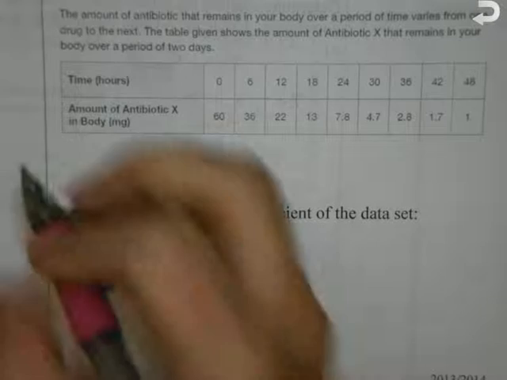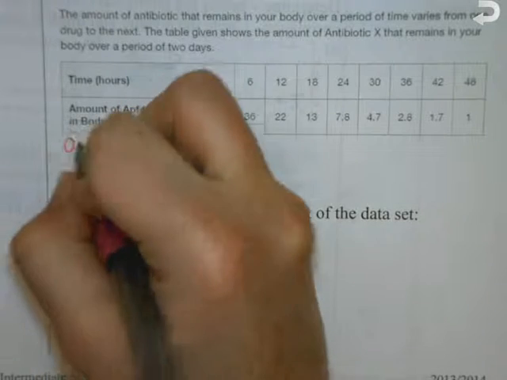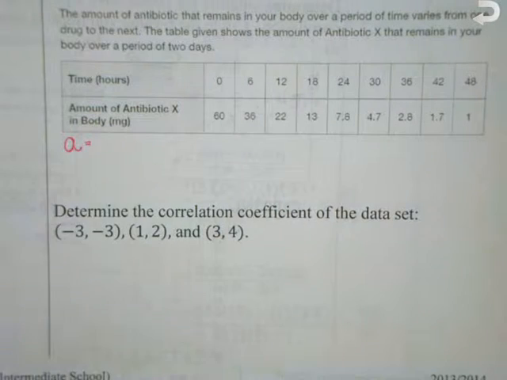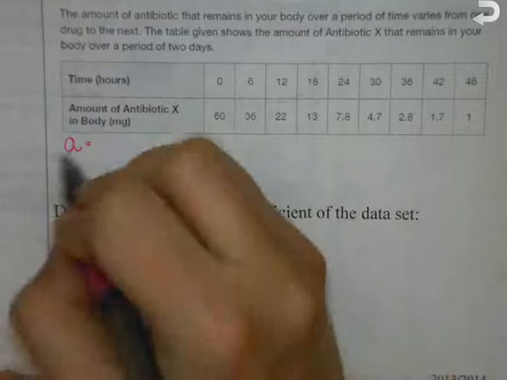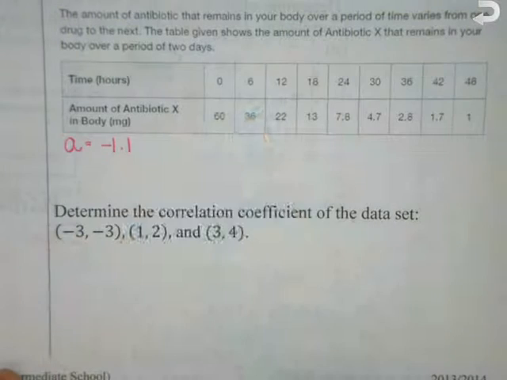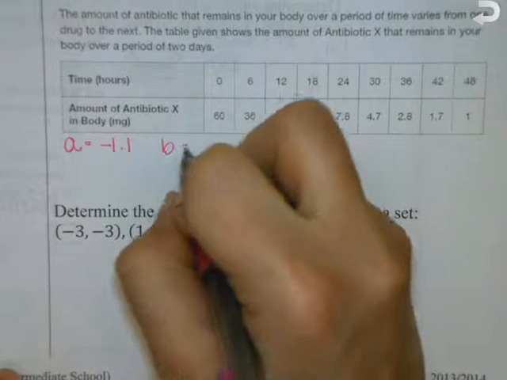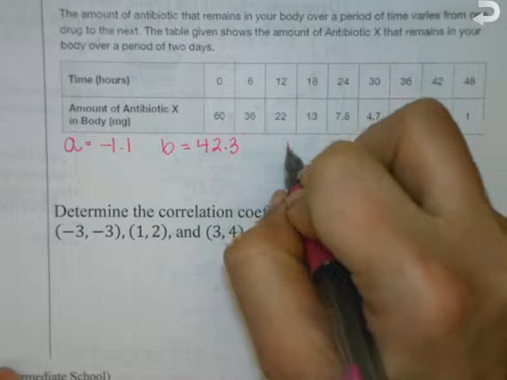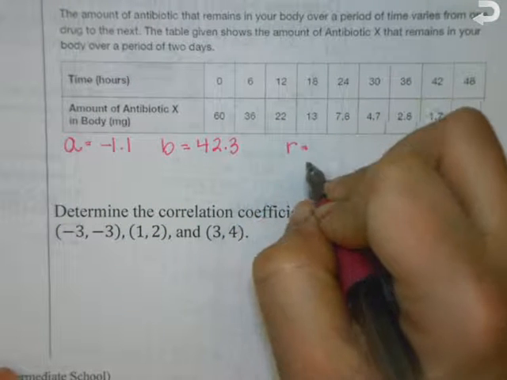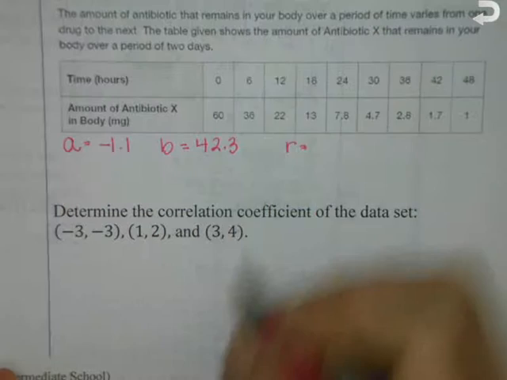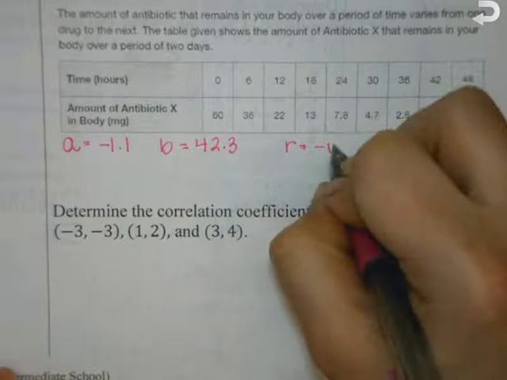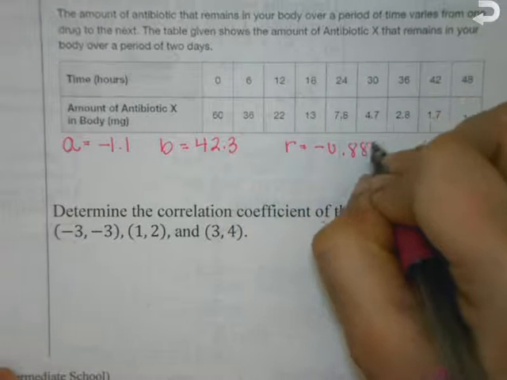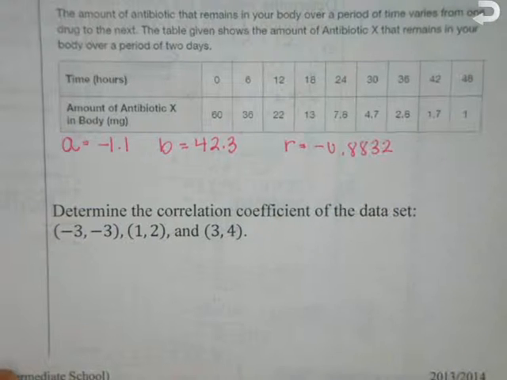So if we were to plug all of that into the calculator, like we did last week, you would get an A of -1.1, a B of 42.3, and an R of -0.8832. Okay?